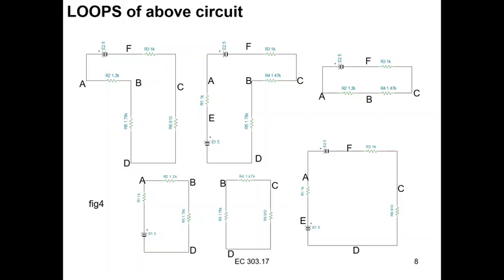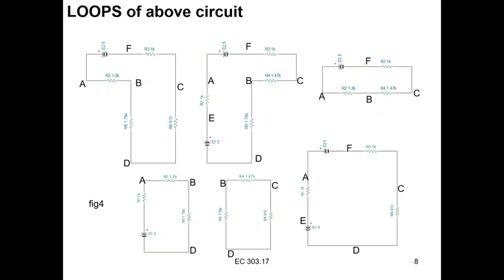Now in the same circuit, there are a number of loops. See here, A, B, D, C are connected like this. There are 4 nodes, and each node comes only one time. So this is a complete circuit and it is a closed loop and it is the mesh.